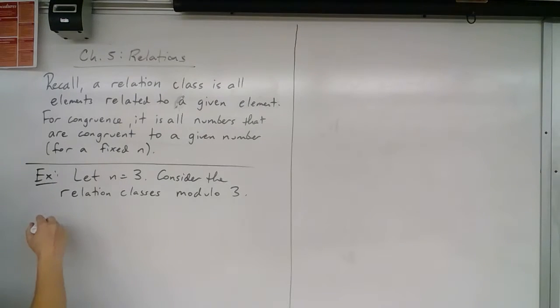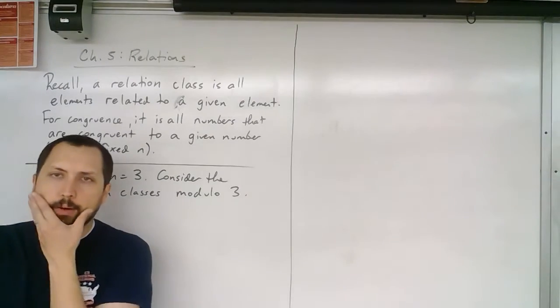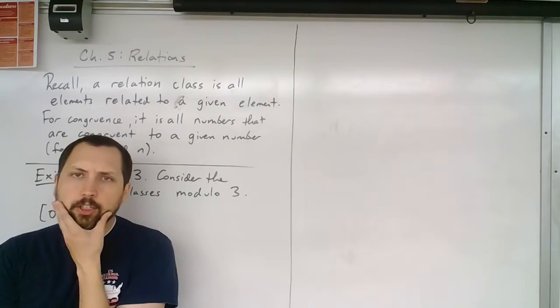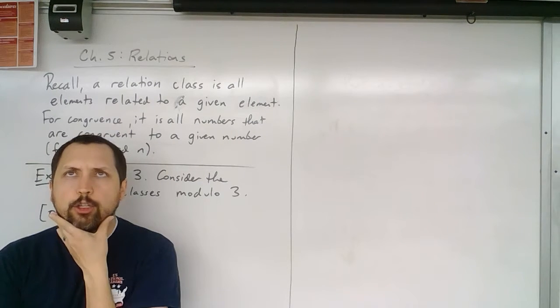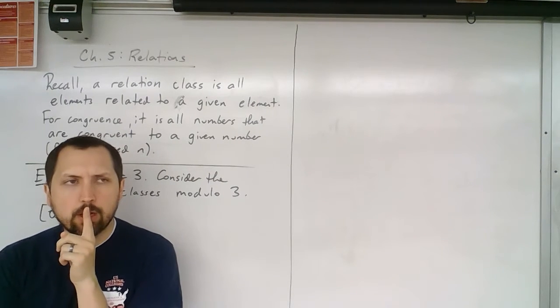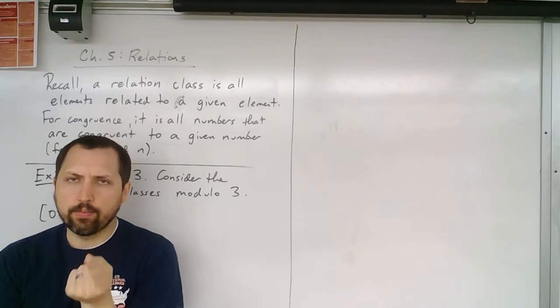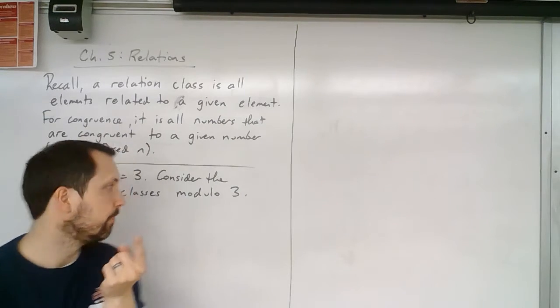So if we think about the relation class of 0, we're thinking, what are all of the numbers that are related to 0? What is 0 equivalent to modulo 3?